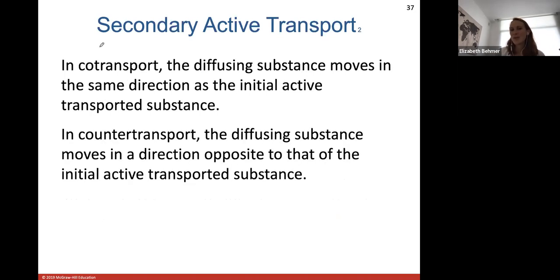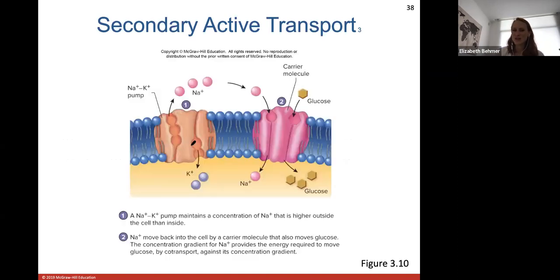And we're going to talk about 2 types of secondary active transport. In co-transport, a substance diffusing will move in the same direction as the initial actively transported substance. And in counter-transport, the diffusing substance moves in a direction opposite to that of the initially actively transported substance.